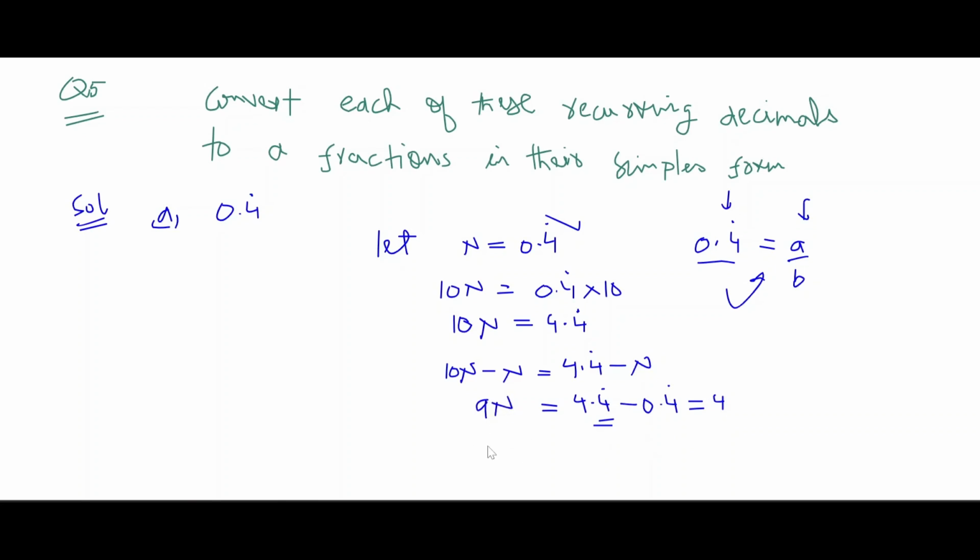So 9n equals 4, and dividing both sides by 9, we get n equals 4 by 9. It's in a fraction form, but how do we know it's in the simplest form? Here you can analyze it: the only common factor is 1, so we can easily say it's in the simplest form. So that's why it was a good question.